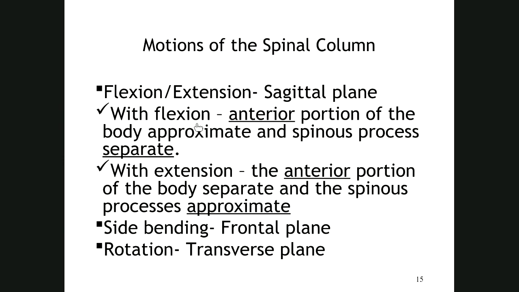So everything in the back is going to pull apart because we're going into flexion. Now, with extension, the anterior portion of the bodies are going to separate, while the posterior segments, which are the spinous processes, are going to come together. So they're going to get a little bit crowded in the back. Okay, everybody good with that?